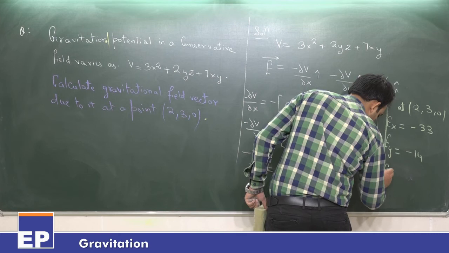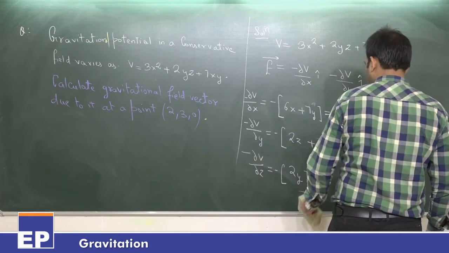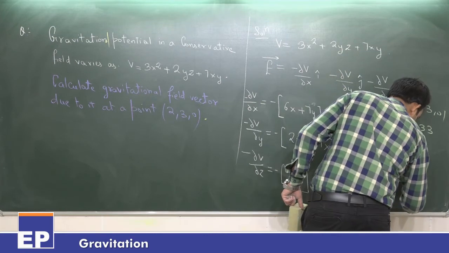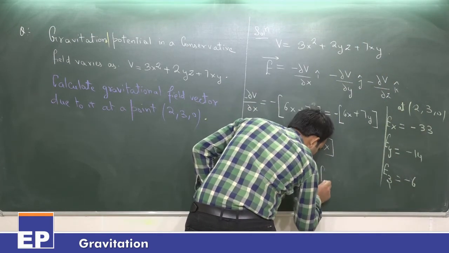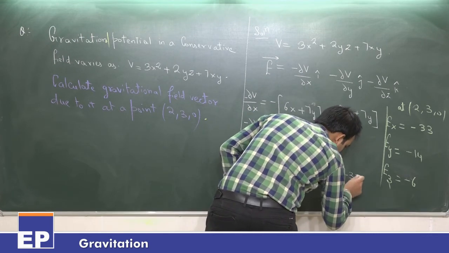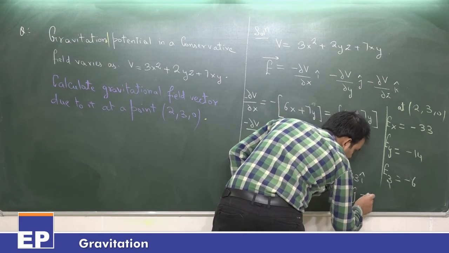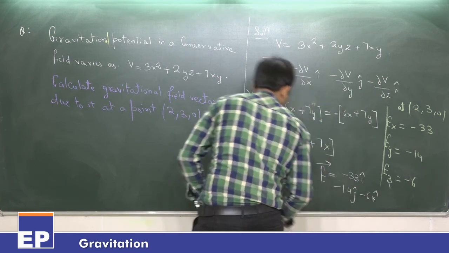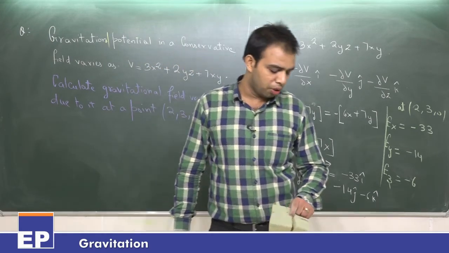And for z, put y as 3, 2 into 3 is 6, so minus 6. So E will come out to be minus 33 i cap, minus 14 j cap, and minus 6 k cap, right? So it is a gravitational field due to the potential function given here.